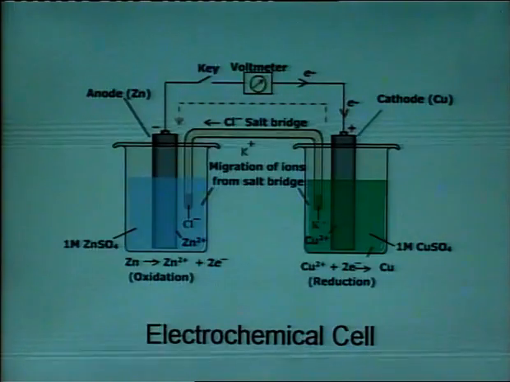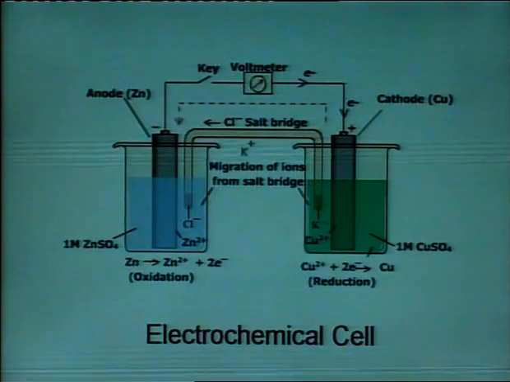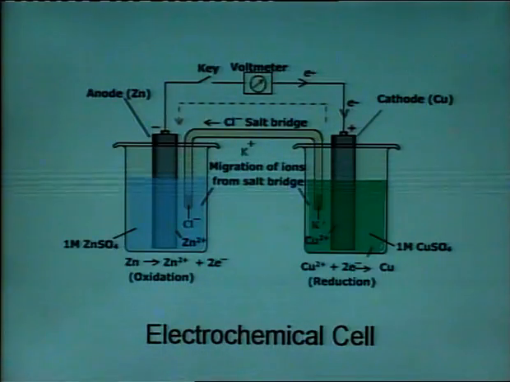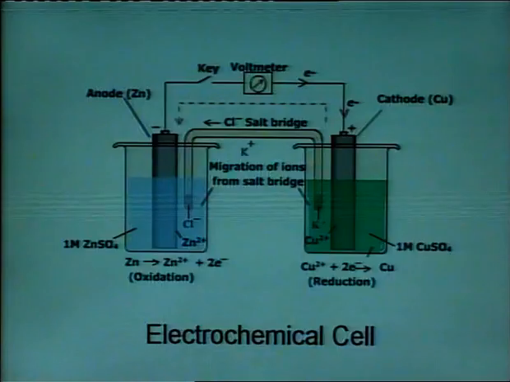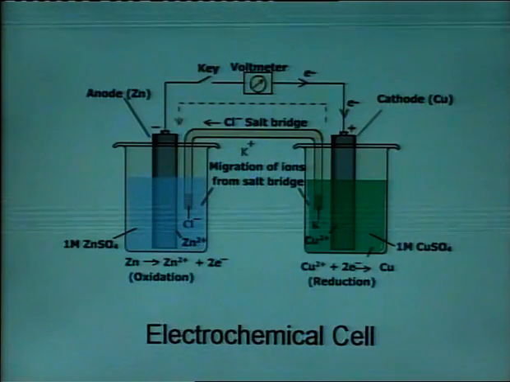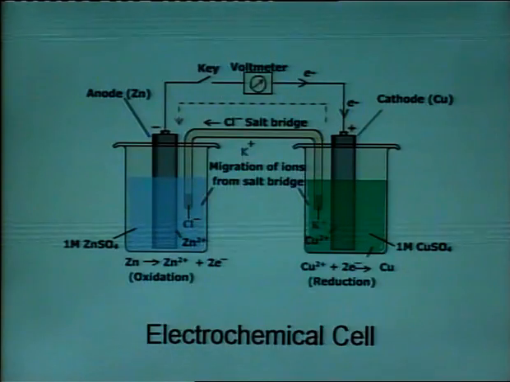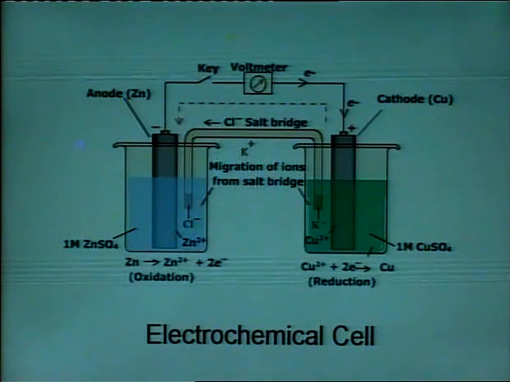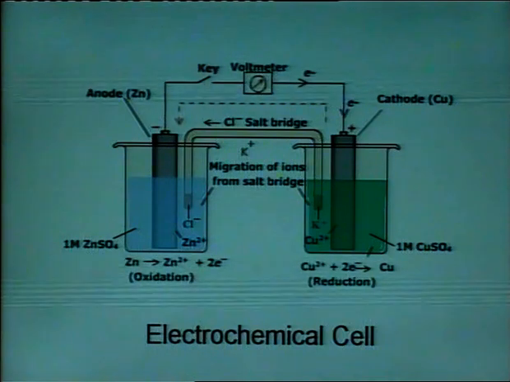In the first beaker, you can see that there will be overall positive charge due to zinc ions, and this overall positive charge is neutralized by chloride ions. These chloride ions come from the salt bridge, from its electrolyte KCl. So, these chloride ions will neutralize the excess positive charge.